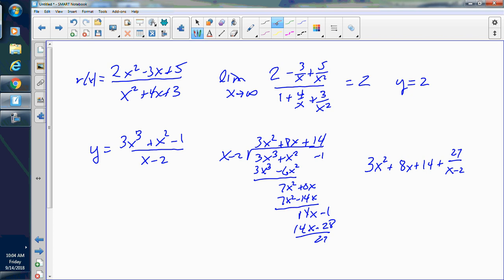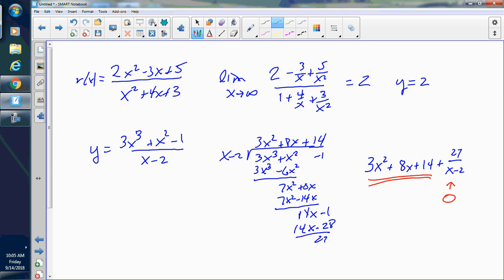Notice, as x approaches infinity, this last part, 27 over x minus 2, is approaching 0. So our function is going to behave the same way as this one as x gets larger and larger.